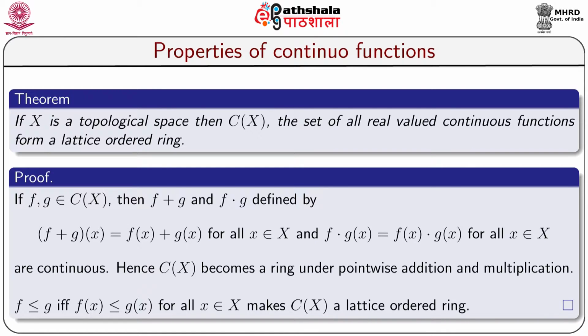Now, we define the order relation on C(X). We define it as follows: f less or equal to g if and only if f(x) less or equal to g(x) for all x belonging to X. This relation makes C(X) a lattice ordered ring.